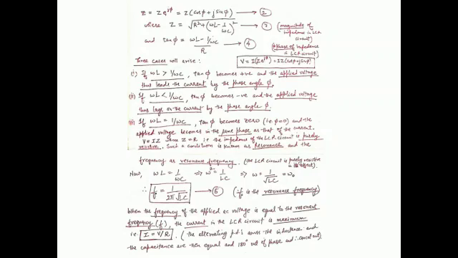So we get V is equal to I times Z, where Z is simply equal to R, that is, the impedance of the LCR circuit is purely resistive. Such a condition is known as resonance, and the frequency at resonance is known as the resonance frequency.